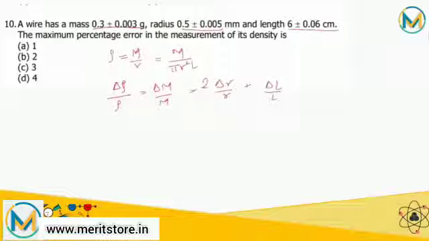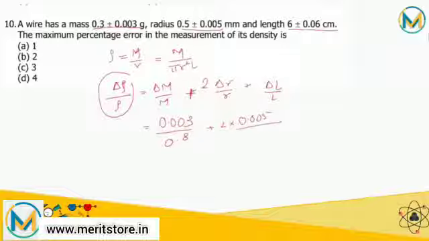Now let's put in the values which are given. We need to find delta rho upon rho, which is equal to 0.003 upon 0.3 plus 2 into delta r, given as 0.005 mm, the whole upon 0.5, plus delta L, which is 0.06 centimeter, the whole upon 6.